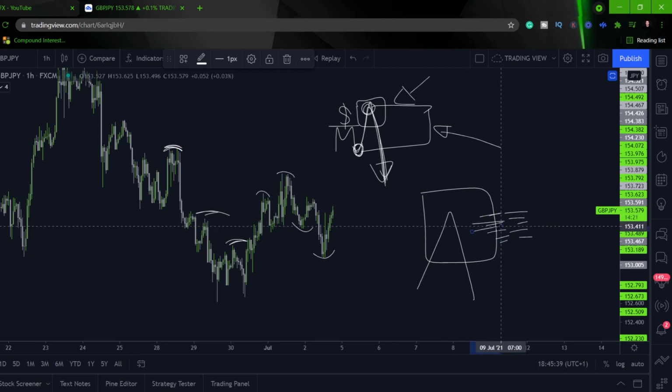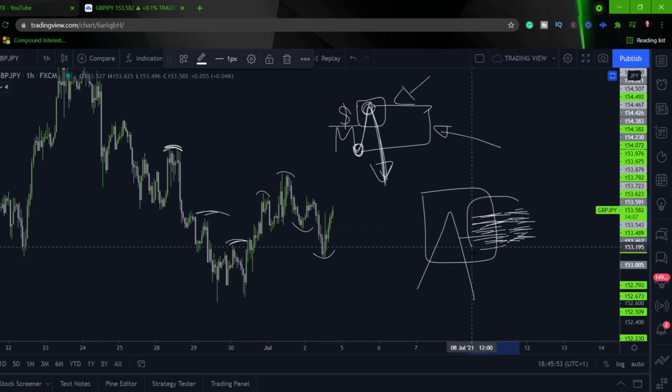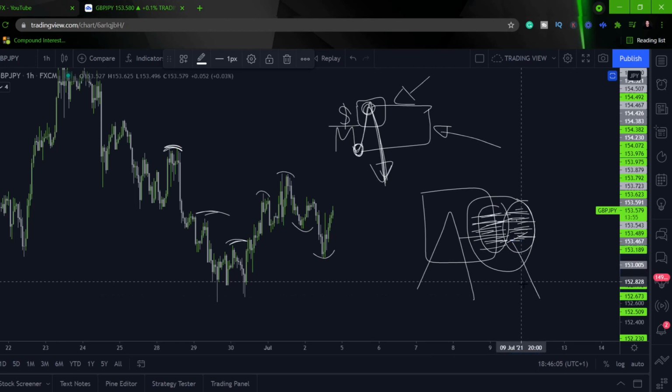People are buying, whether through orders or because they see a break of this structure and think the market's going to go long. There'll be stop losses being triggered. Institutions will be selling, loading up on their orders. And when supply and demand swap, as in there is now more supply than demand, the market will drop off.